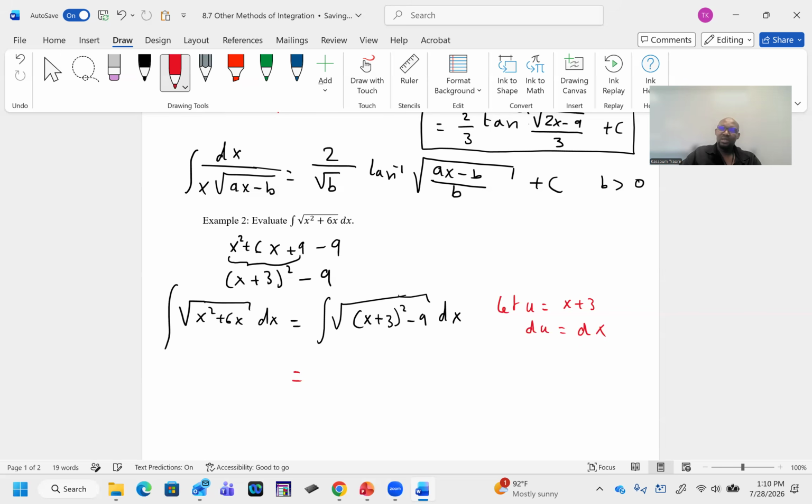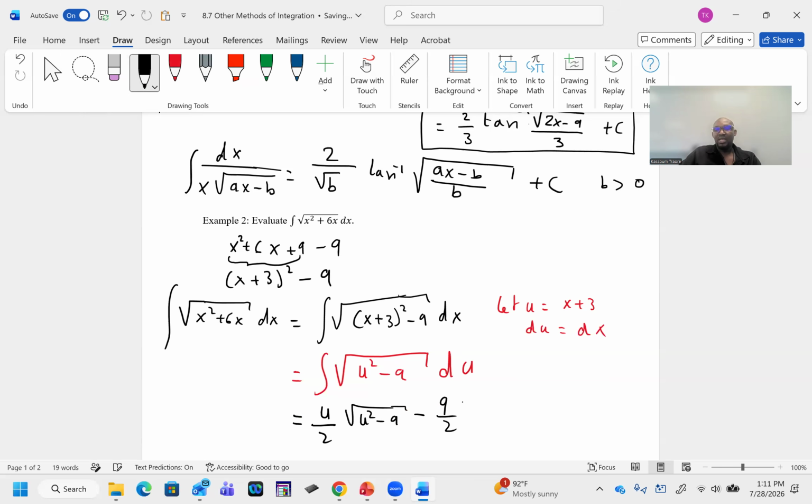So doing this substitution, I will have the integral of square root of u squared minus 9 du, which by looking at the table of integration will be equal to u divided by 2 times square root of u squared minus 9, minus 9 divided by 2 ln absolute value of u plus square root of u squared minus 9, plus c.